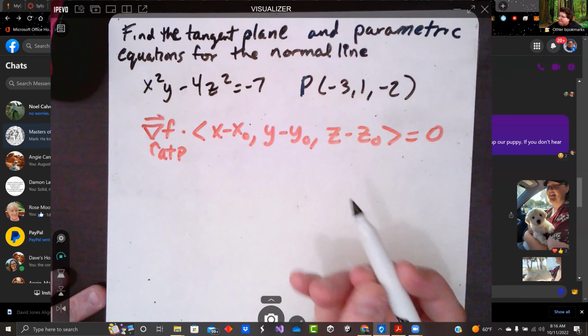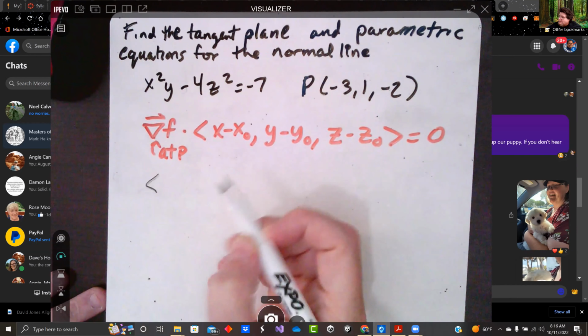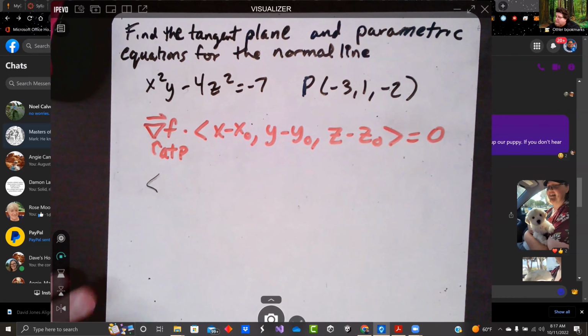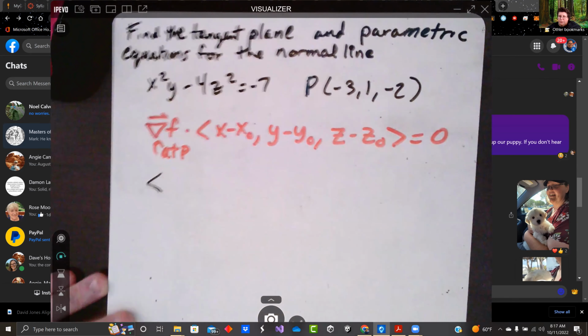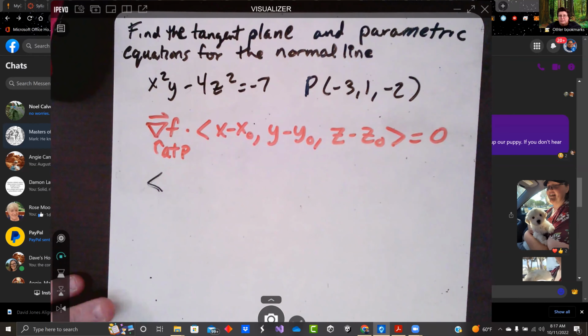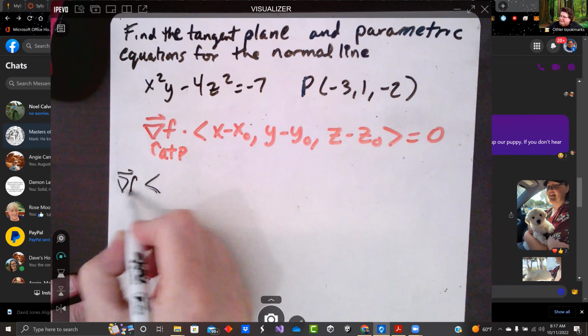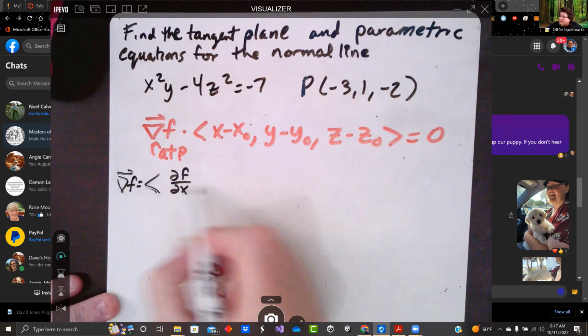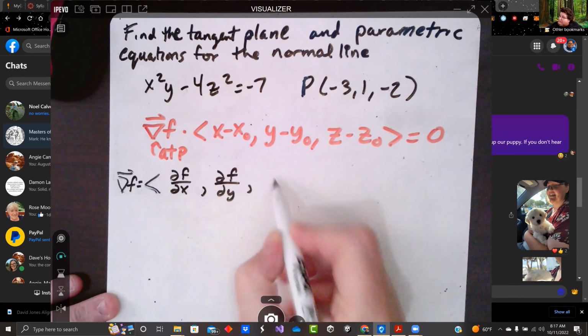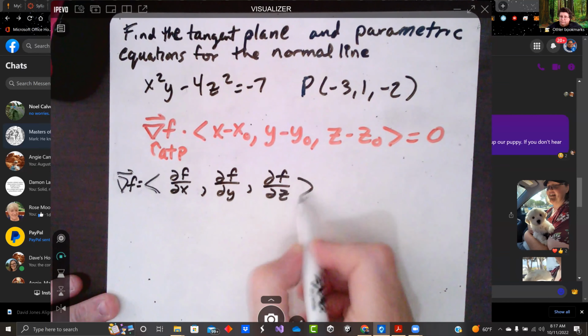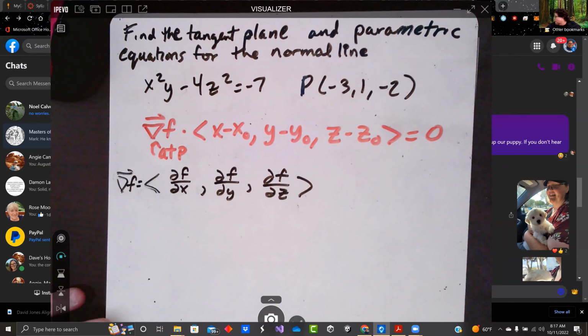So what do we have for the gradient of f? What's the partial derivative with respect to x? If we've forgotten what gradient is.